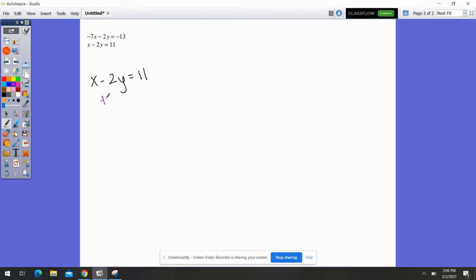So I'm going to add 2y to both sides, okay? And now I rearrange the second equation so that x is by itself. So now we have x equals 11 plus 2y. And the top equation stays the same.